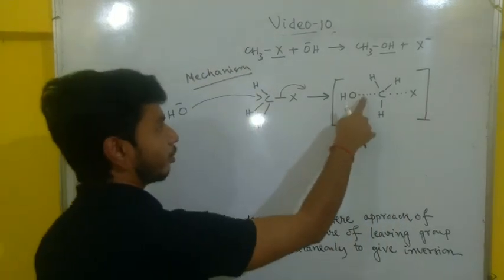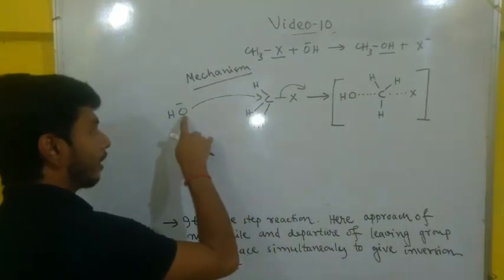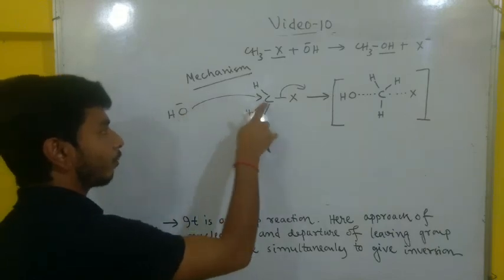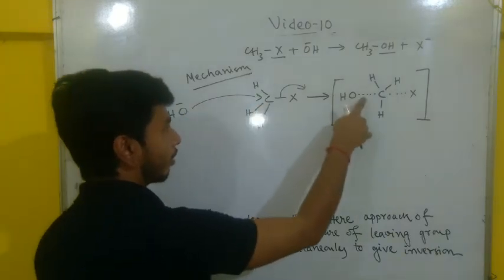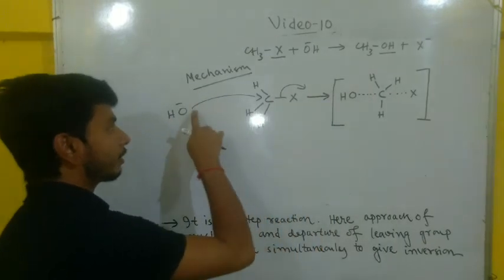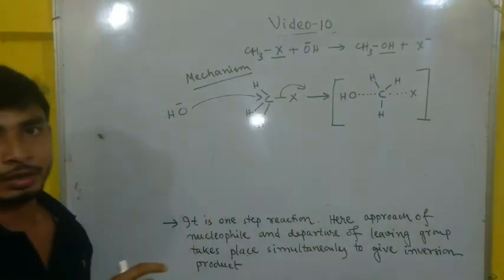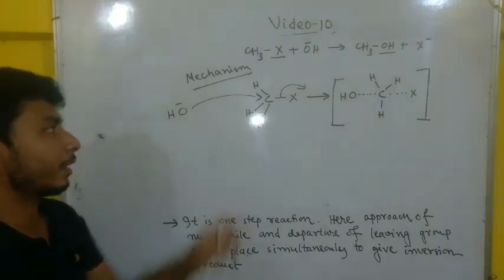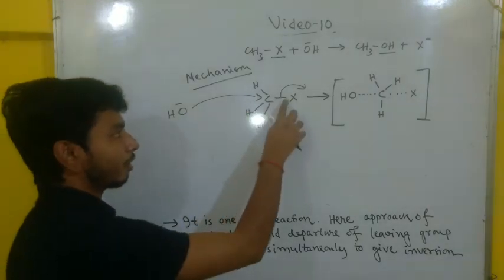So here this dotted line shows nucleophile approaching the carbon, that is, the nucleophile is starting to form the bond. So here the dotted line indicates that the bond is starting to form.